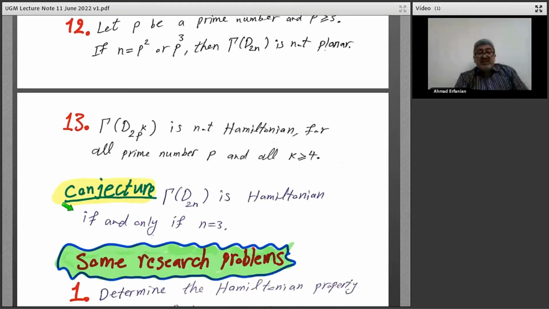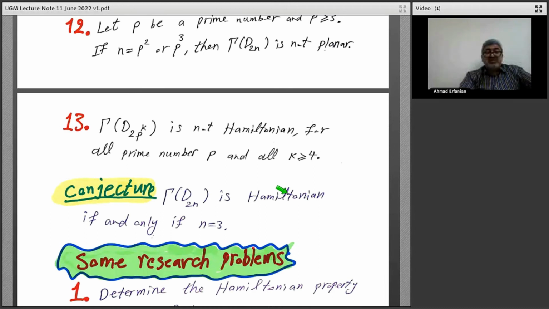And here is a conjecture that the graph for the dihedral group of order 2n is Hamiltonian if and only if n is 3.